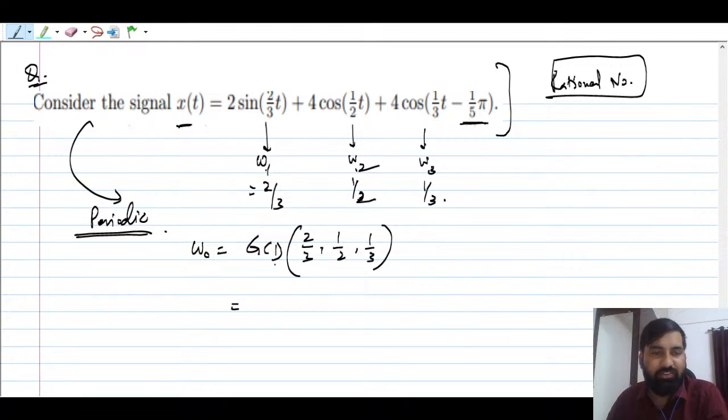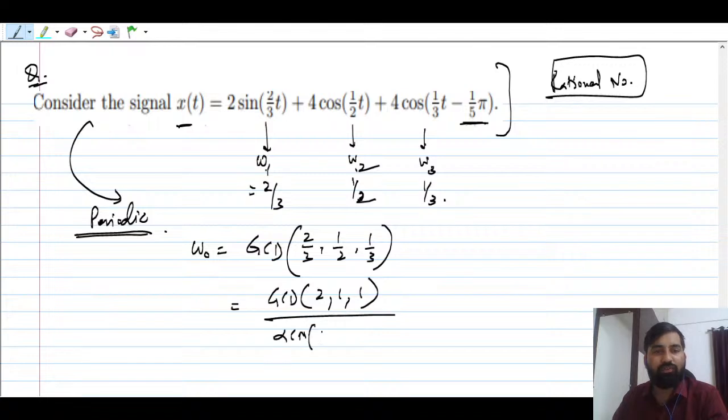So what is the HCF here? First of all you have to find the GCD of 2, 1, 1, and then you have to find the LCM of 3, 2, 3. This is the way we find the GCD of fractions. The GCD is 1.